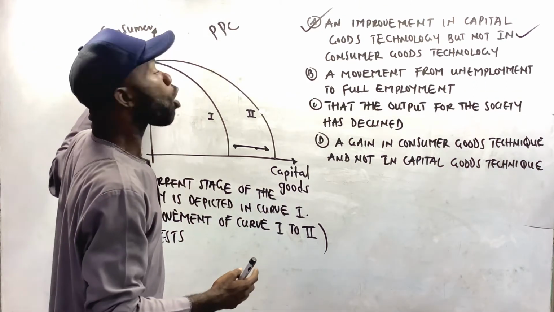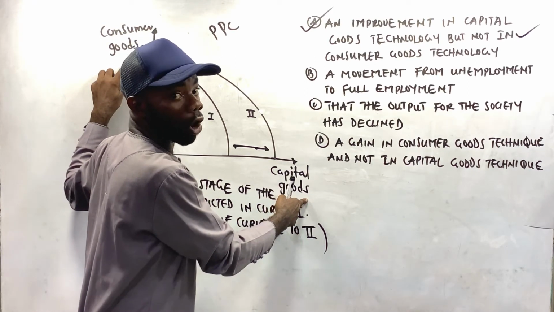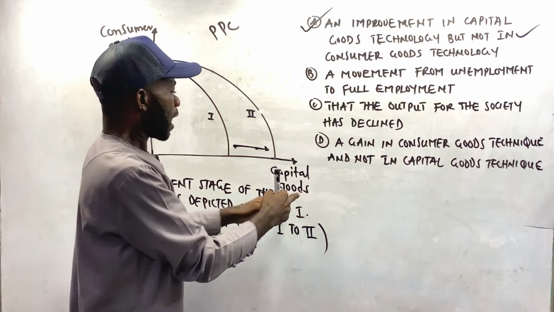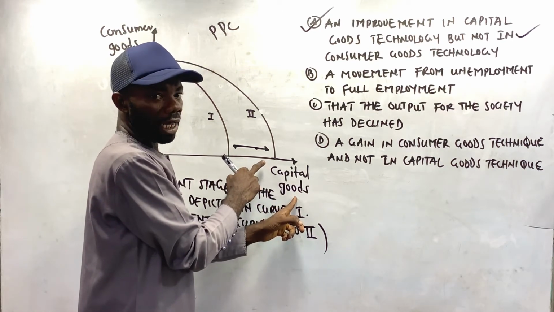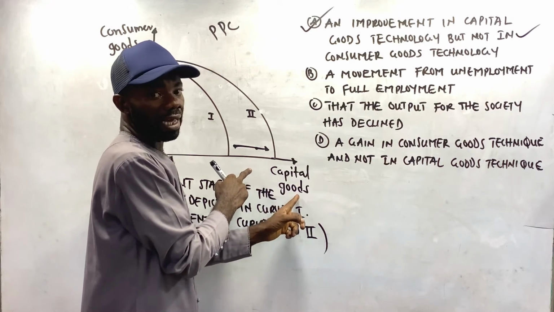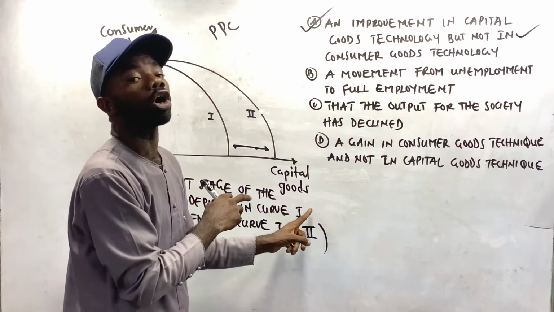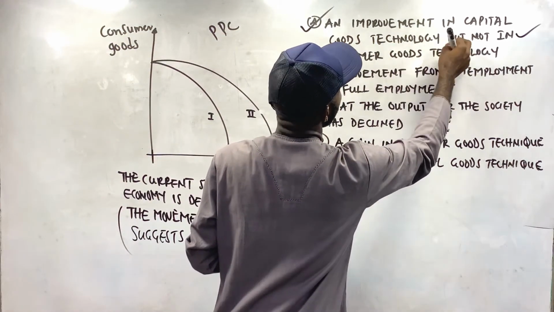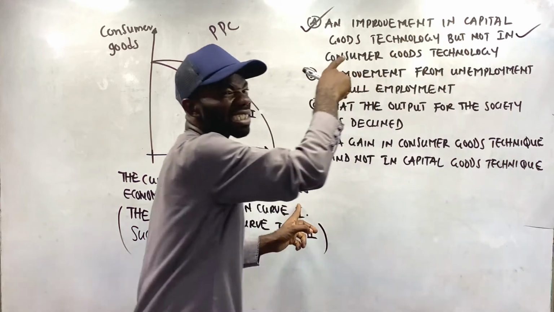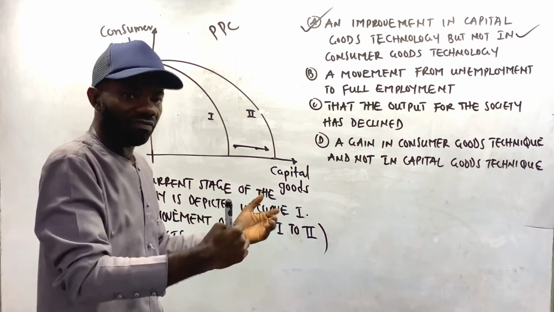If I need a hoe to harvest yam, and I need a cutlass to harvest corn, when I have more cutlasses, if I'm going to the farm the next day with more cutlasses, I am going to harvest more corn because the technology for harvesting corn as a commodity is now more available.